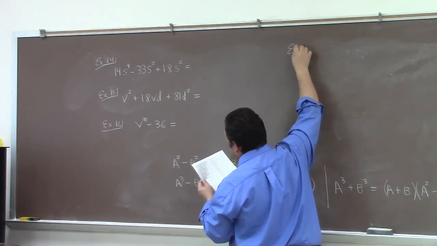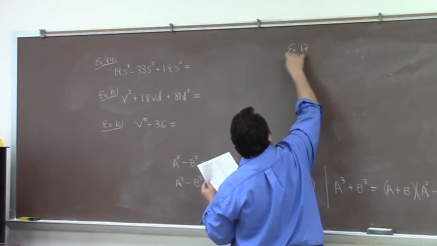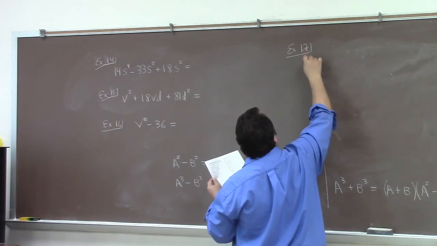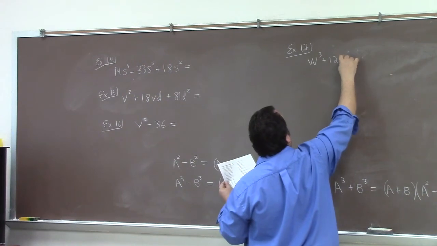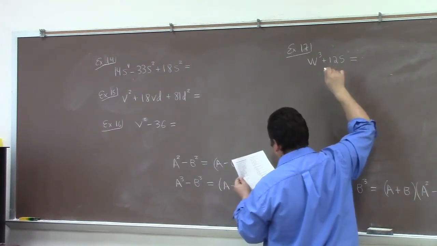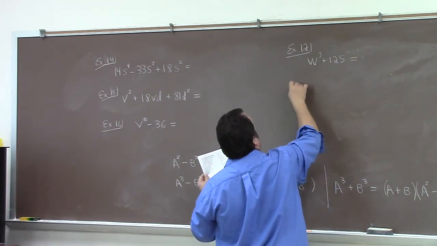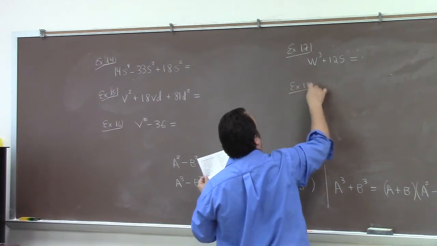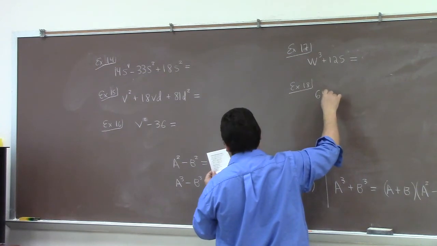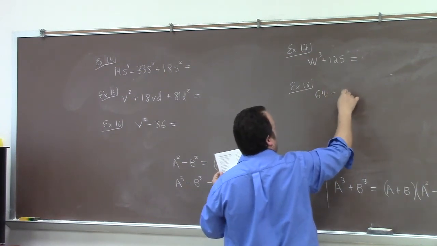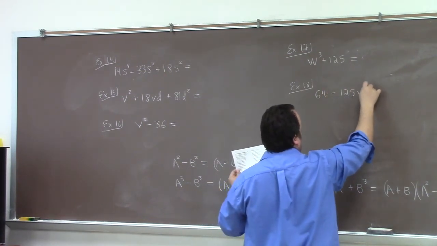Let's see here, exercise 17. We're supposed to factor w cubed plus 125. Exercise 18, we've got 64 minus 125v cubed.